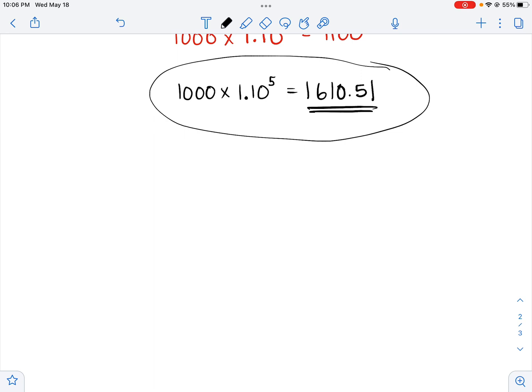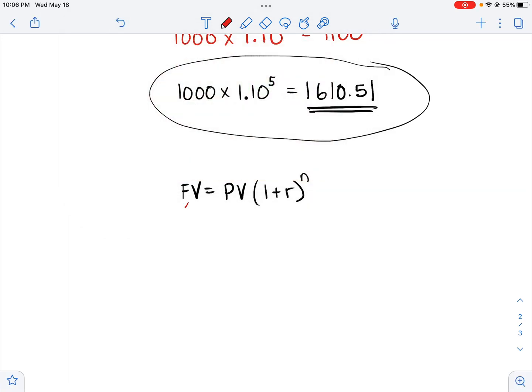And the formula is, I don't know, people write it all different ways. But one way to write it would be like future value equals present value times 1 plus your interest rate to the power of n.